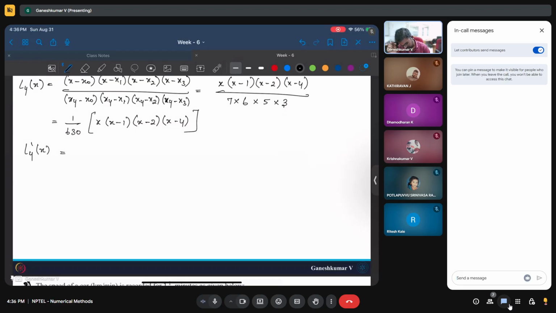L4 dash of x is going to be 1 divided by 630, the same logic: x minus 1, x minus 2, x minus 4 plus x minus 2, x minus 4 plus x minus 1, x minus 4 plus x minus 1, x minus 2.